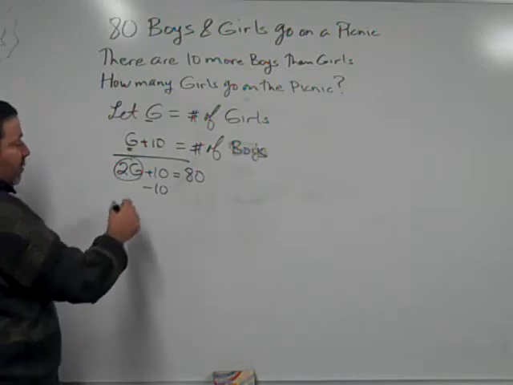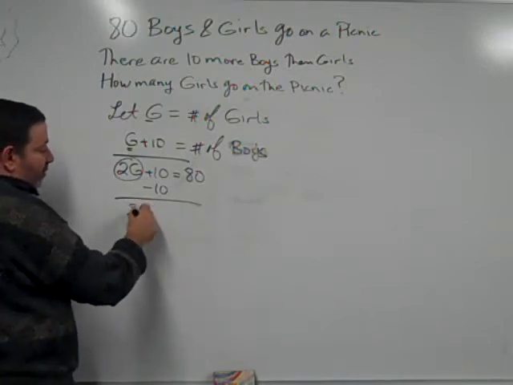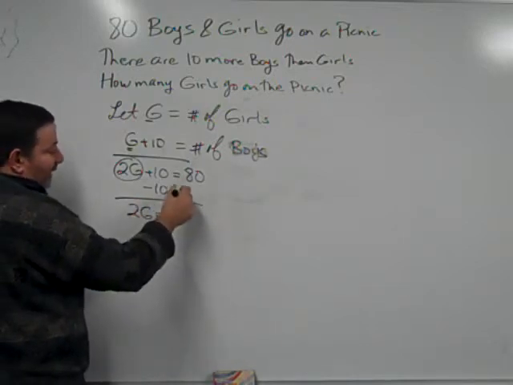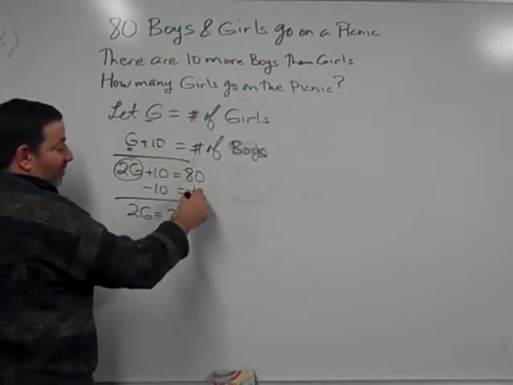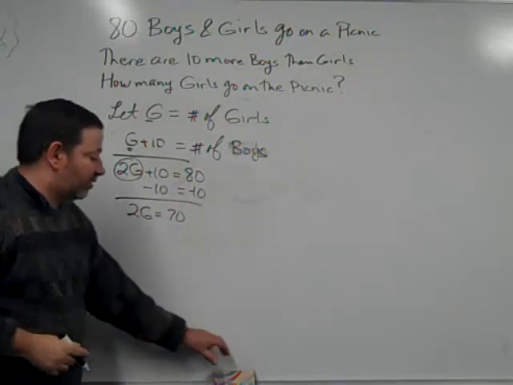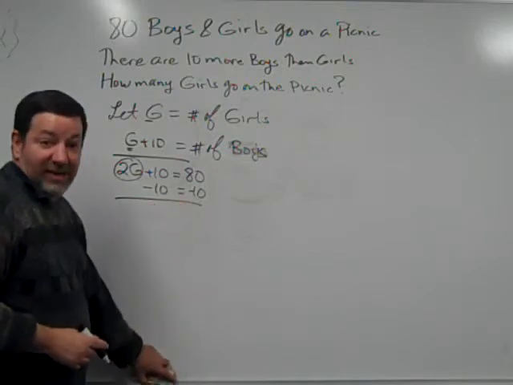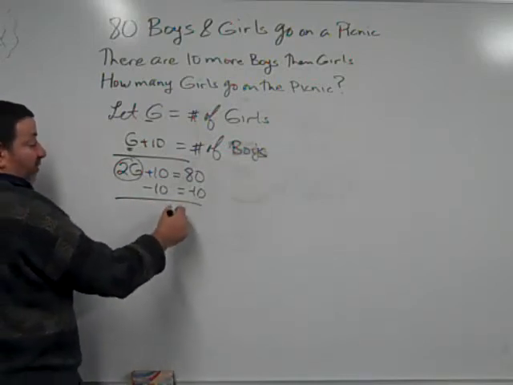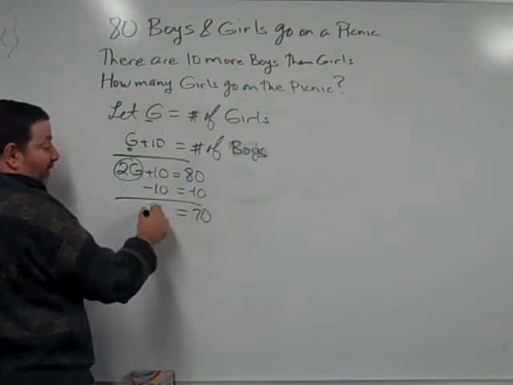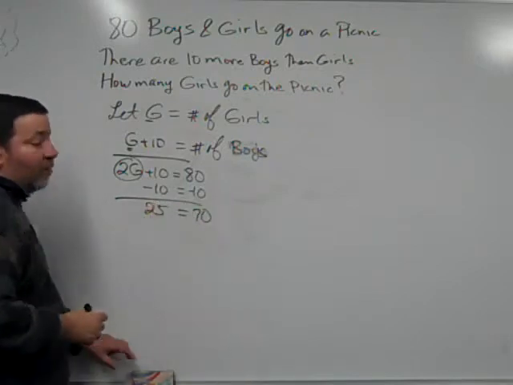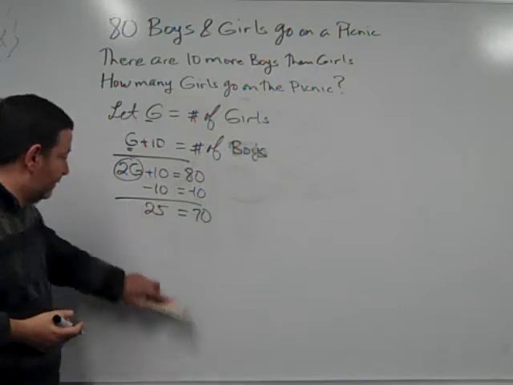So we should know that 2g is 70. That is, we took away 10 from both sides. That was the first thing I did. I took 10 away from 80. The first step I did in the shortcut method was I took away 10 from 80.